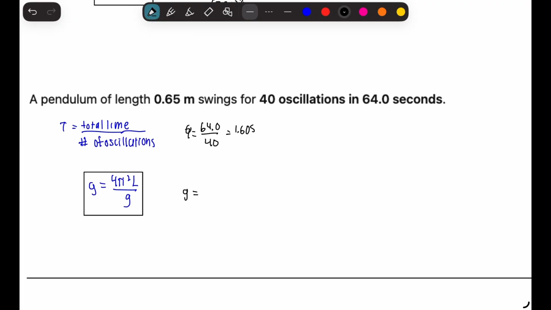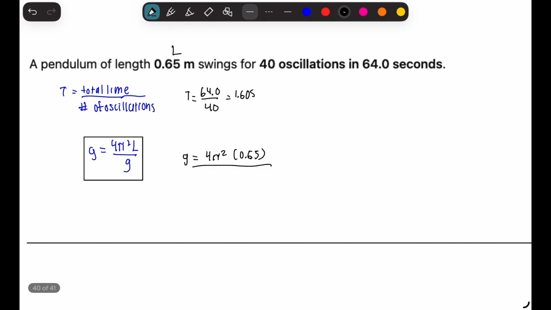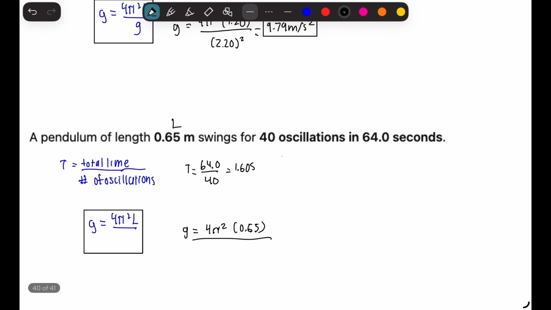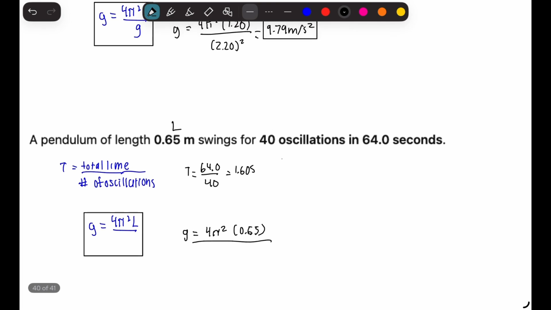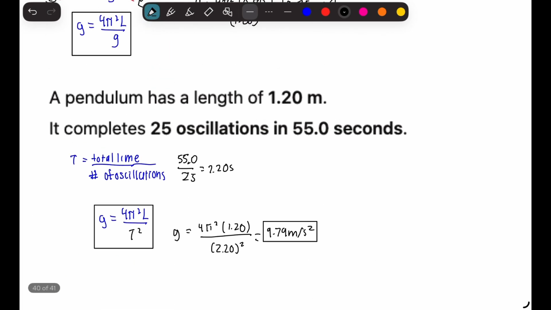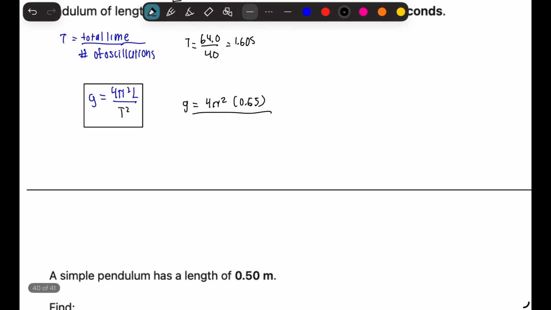And after this, we have our G. Our G is going to be 4 pi squared. What is our length here? Our length here is 0.65. And we divide this by, sorry, this should not be G. This should say T squared.